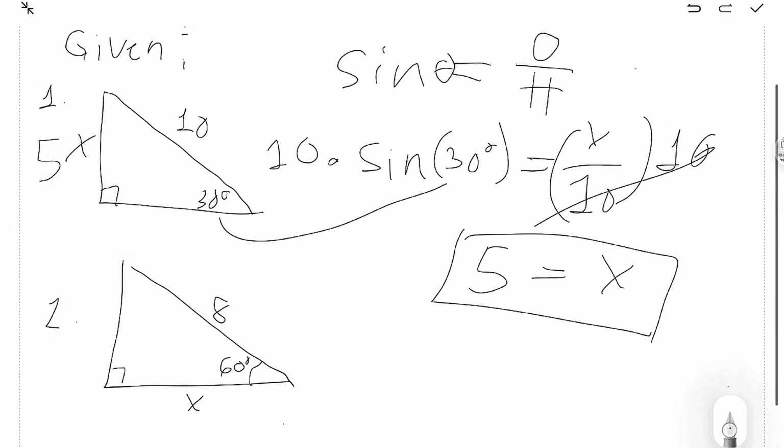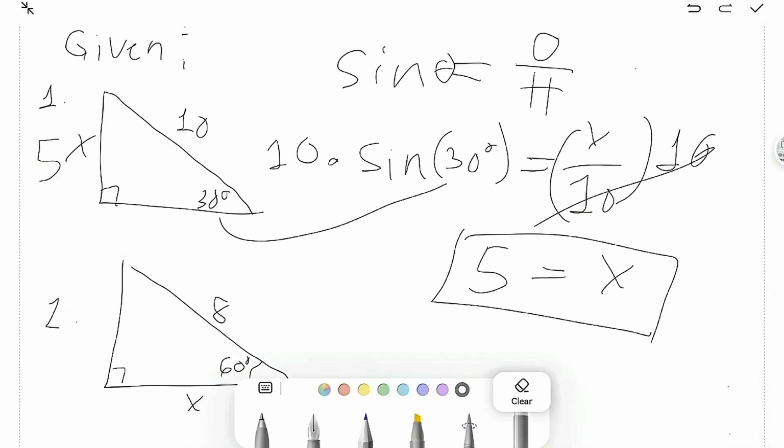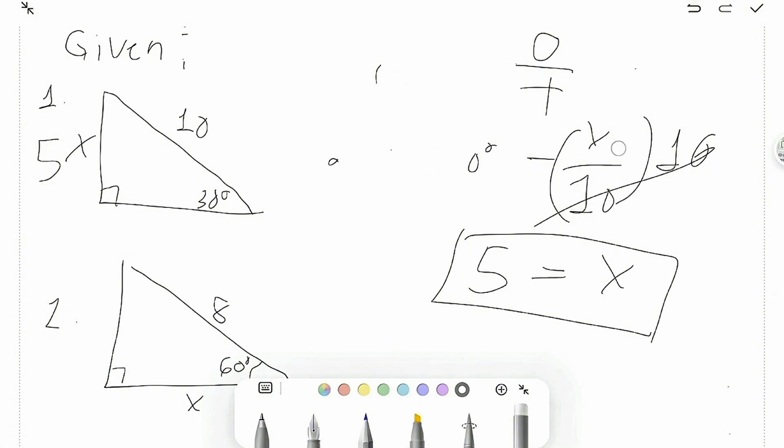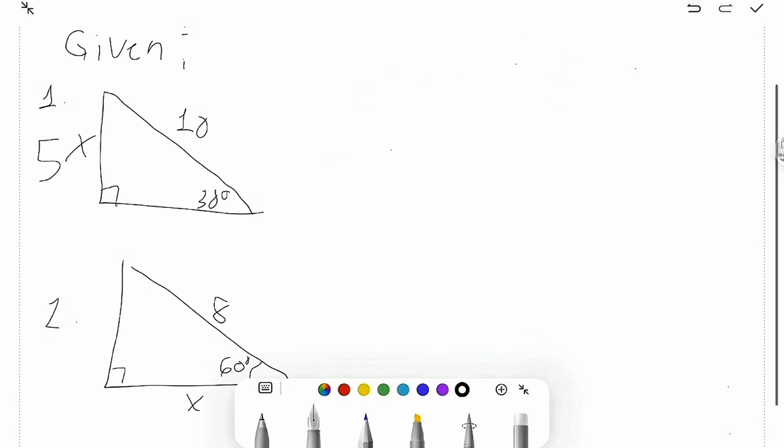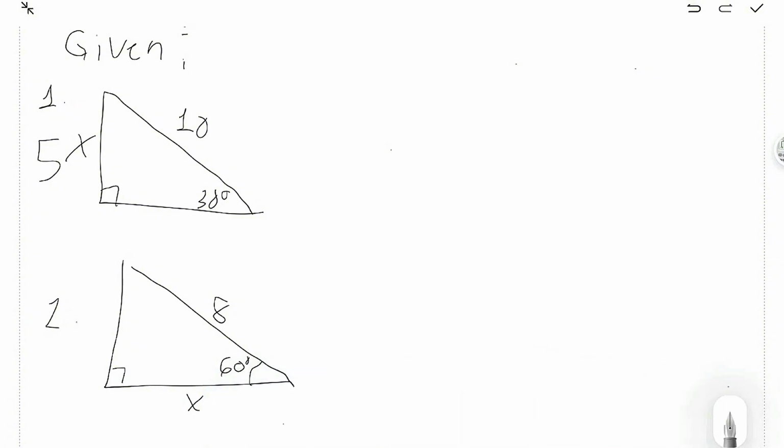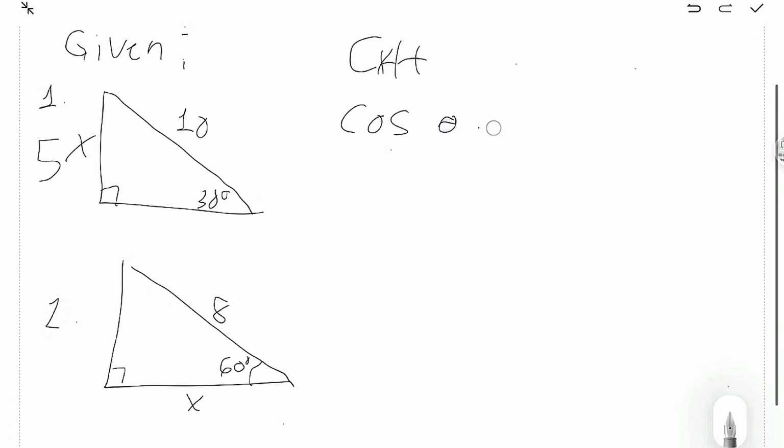Now let's move on to example number 2. Now we are going to identify what kind of SOH-CAH-TOA ratio we will use. So it is cos, it is CAH, meaning cosine is adjacent over hypotenuse.